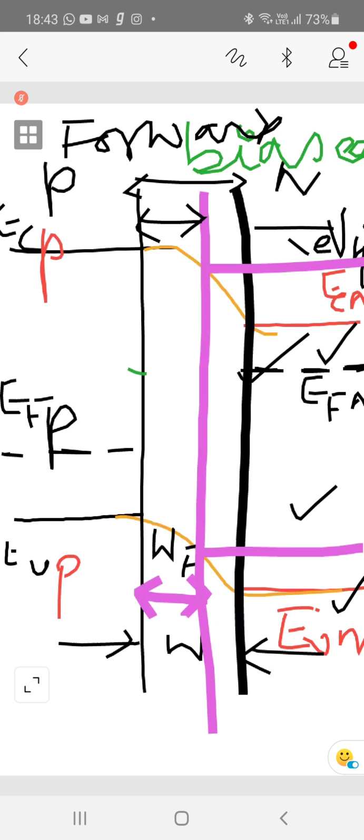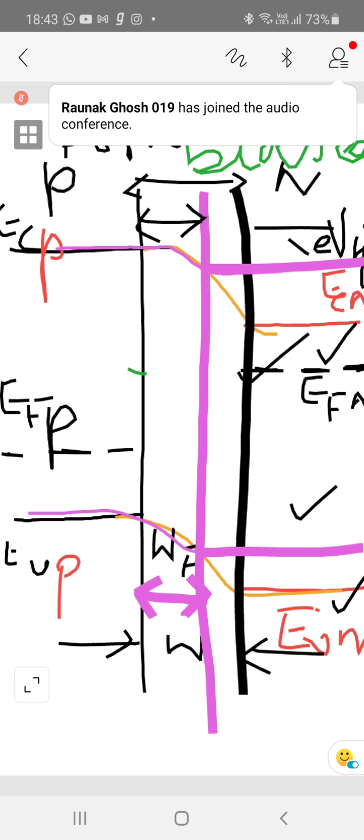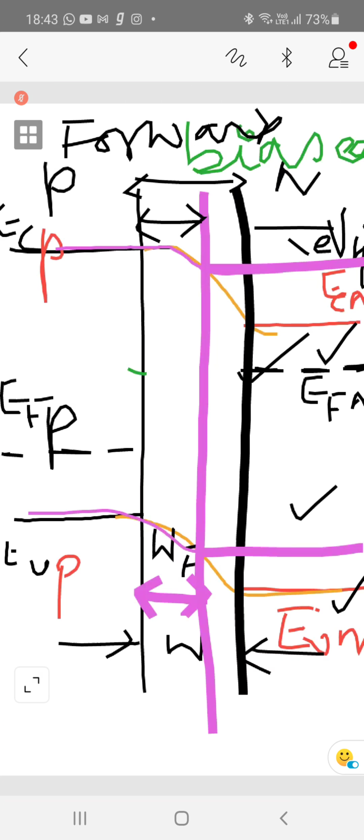So in order for the energy band diagram to be continuous, you see now the energy band diagram, if I make it full purple, it is this, and it is this, and it is this, and the extrinsic Fermi energy level. Now what happens?